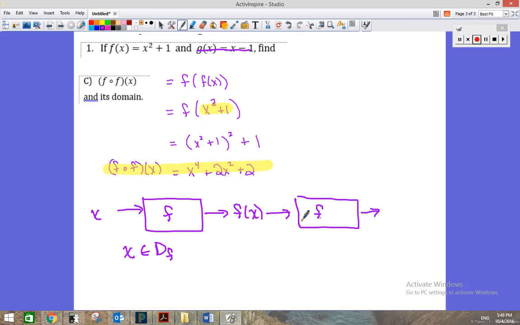So what comes out is f of x, provided that f of x is in the domain of f. Since the domain of f is all real numbers, it's guaranteed that this f of x that came out of the function is a real number, so it can go into itself again. And the domain of f composed with f has no restrictions. Any number you want to plug in, whatever comes out, hey, any number you want to plug in.